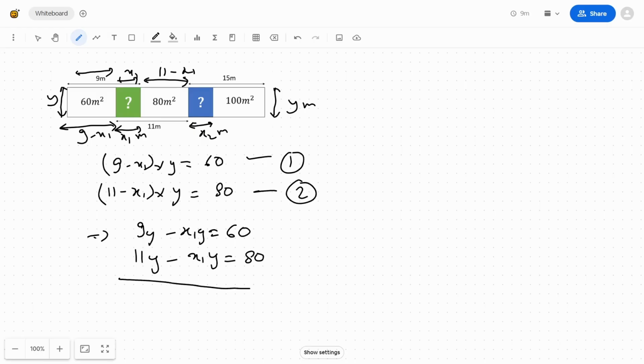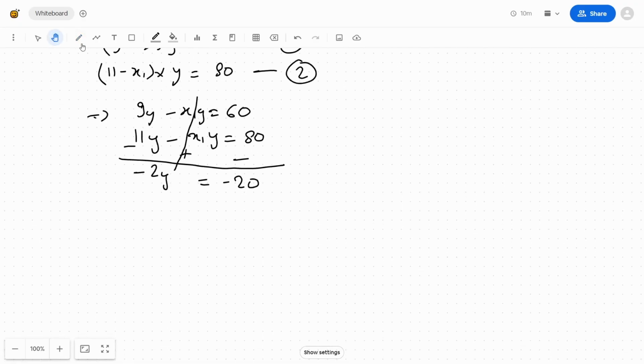Subtract both of them. So after subtracting, this x1y part will cancel out and after subtraction we will get minus 2y is equal to minus 20. So after this we can find out the value of y, which will turn out to be y is equal to 10 meter.